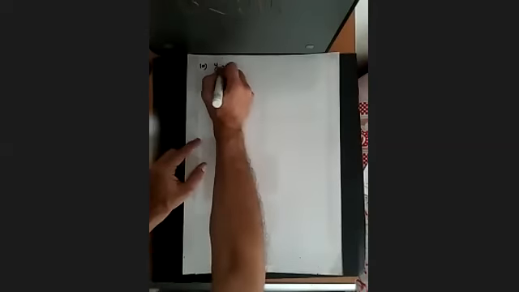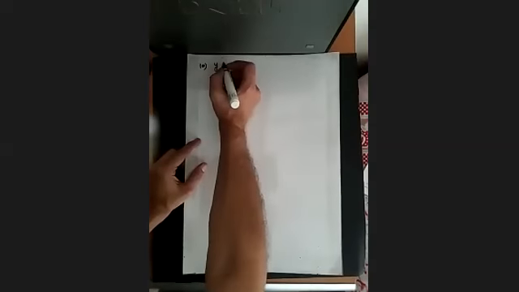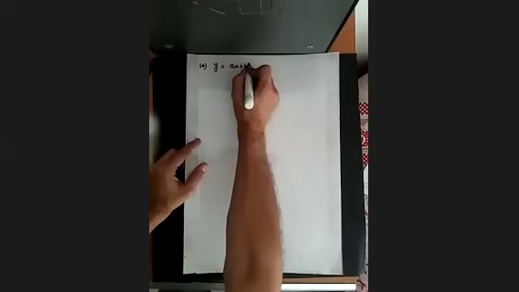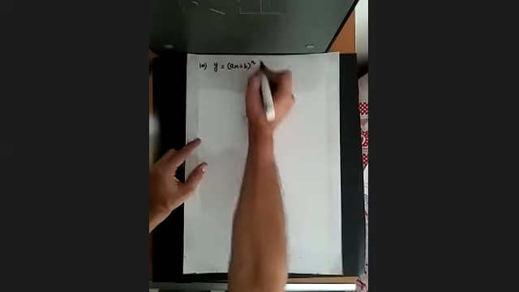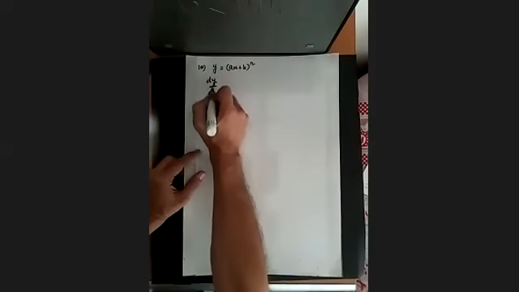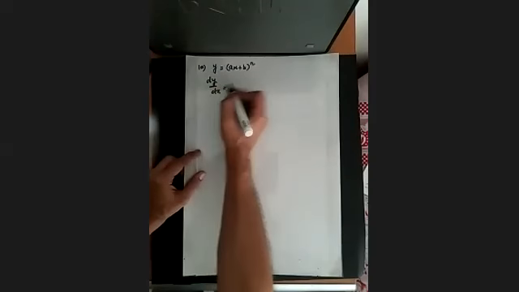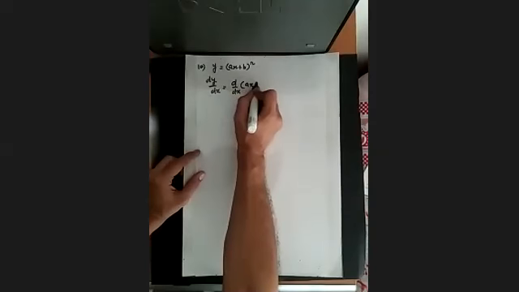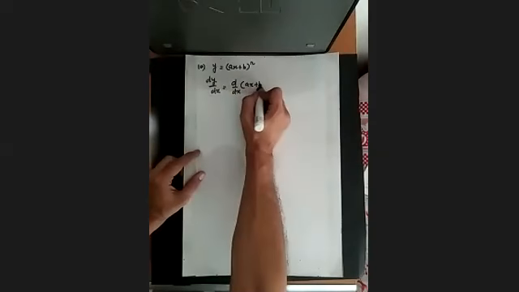Number 10, y is equal to ax plus b to the power n. Okay, so we want to find out dy by dx, that is differentiation of y with respect to x. So we'll write down d/dx of ax plus b to the power n.